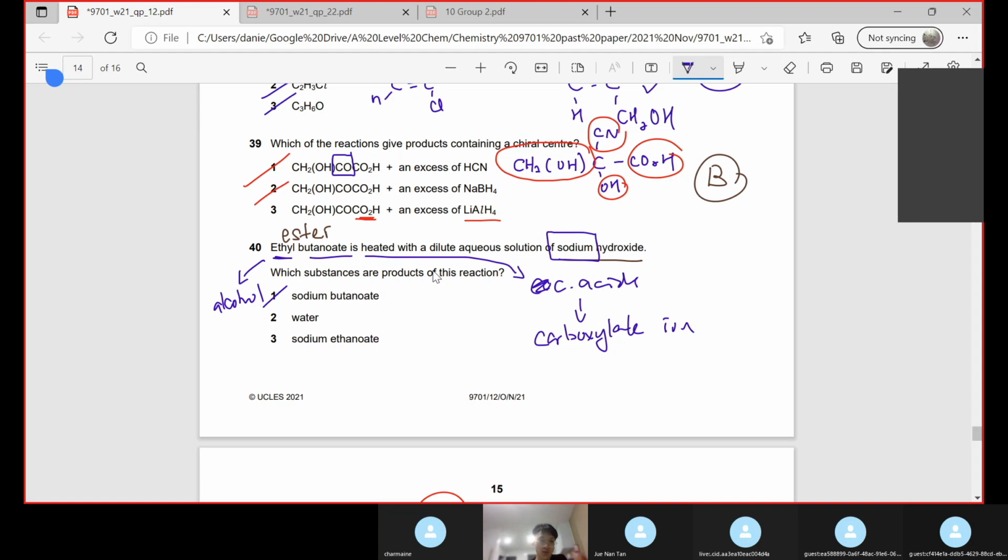Then how about water? Water is not a product, okay? Water is a reactant. If you write down the equation, you will notice it. Then there is no sodium ethanoate; the alcohol is not going to react with the base. So only 1 is correct. The answer is D.